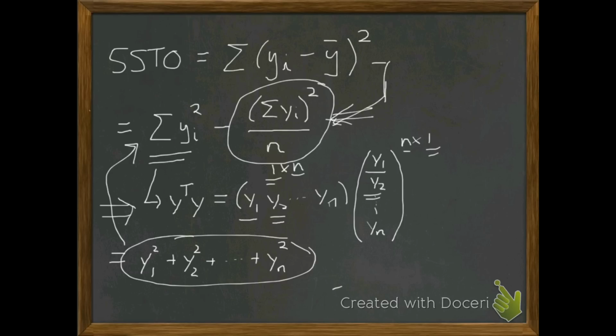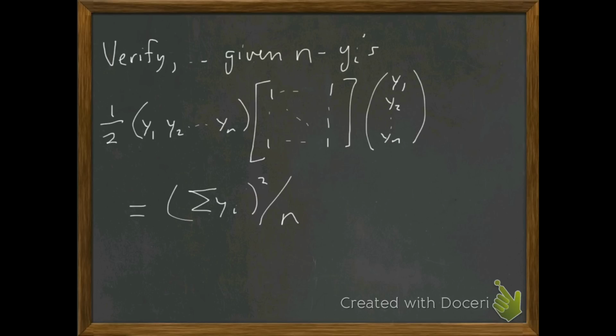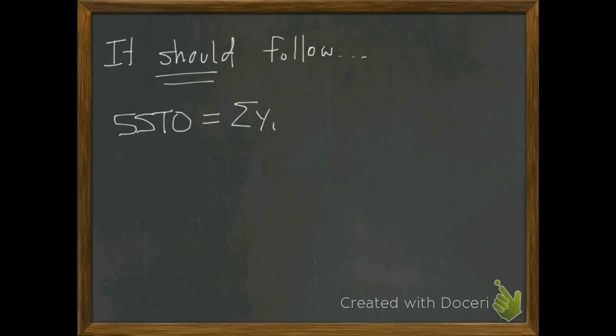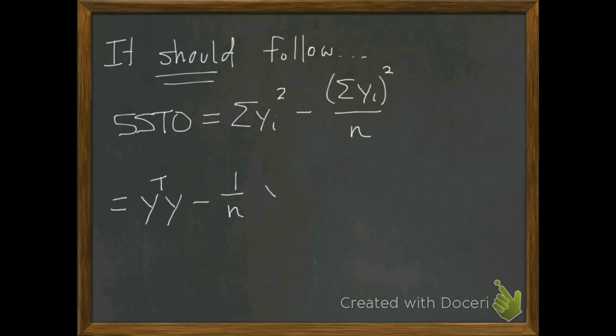If the sum of squares for the total can truly be rewritten, again, this right here, and the equivalent matrices are what I've shown you, then sum of squares for the total can be written this way.